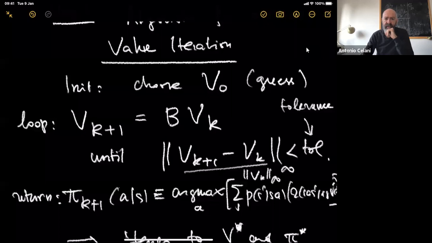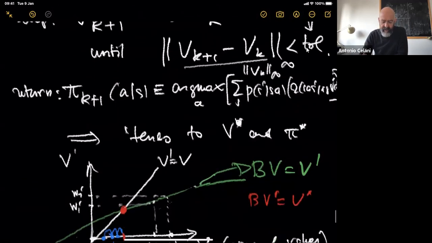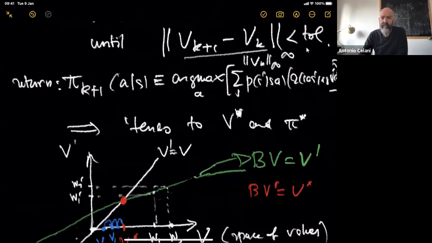So you map vectors into new vectors, and you go on and go forth until the variation in these two vectors, defined in absolute or relative terms, is smaller than some tolerance. And then you're happy, you say, okay, my algorithm has converged, and then from that value function, you can extract your policy at the final step. And this is arbitrarily close to your true optimal solution, depending on the tolerance.